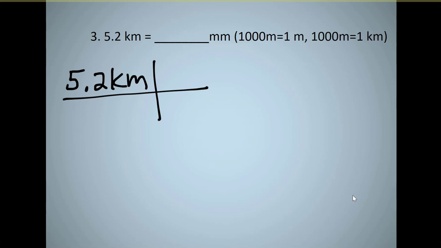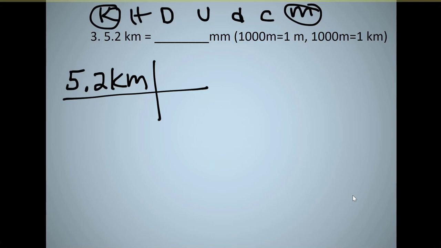And so we've already talked about this. We talked about King Hector died unexpectedly drinking chocolate milk. So we're going to go from kilometers all the way to millimeters. And so I could just move my decimal over, but let's go ahead and do it this factor label way.